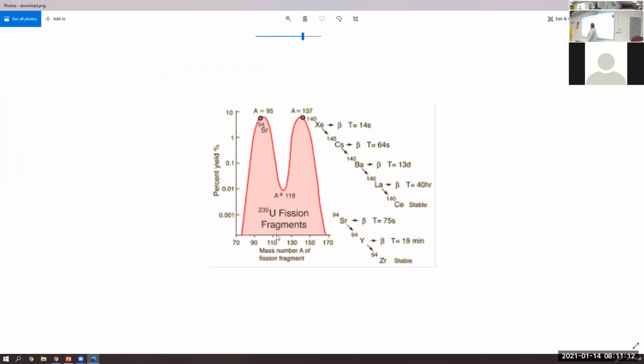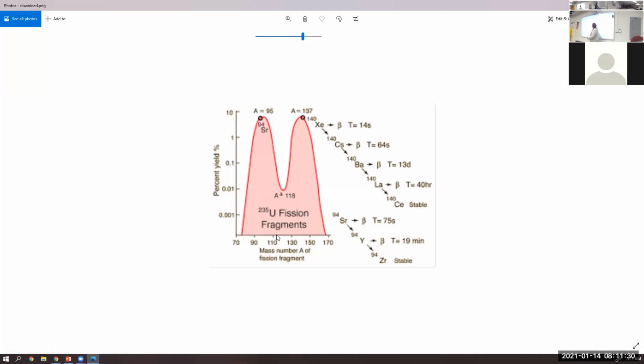The vast majority of the time, you're going to produce fission fragments with an A number between 94 and 96, right here at the top, and between 130 and 137. And you'll produce one of each, because together that adds up to 235, right?